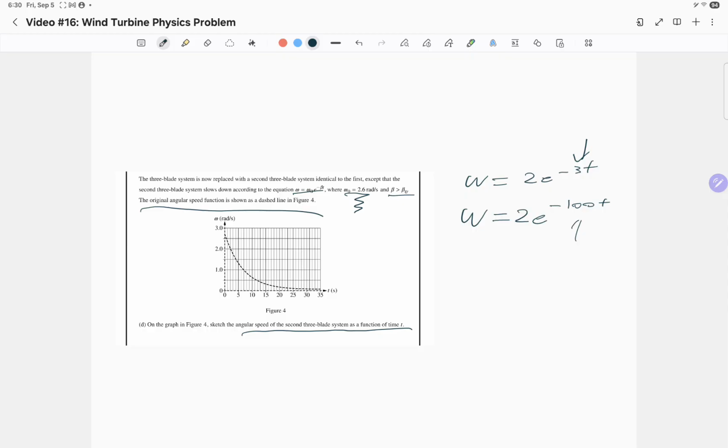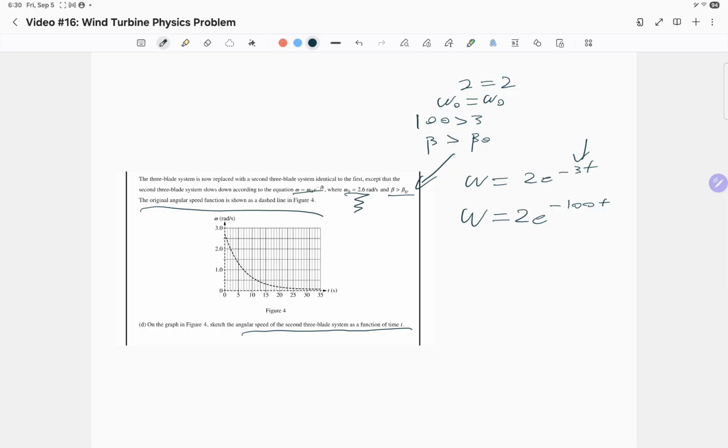Because negative 100 is greater than 3, and 100 takes the place of this new b value that they're telling us is greater than the original. So this is just a scenario, and 2 stays the same because both of these are equal. They're keeping that the same, just to make as clear as possible what I'm doing here.